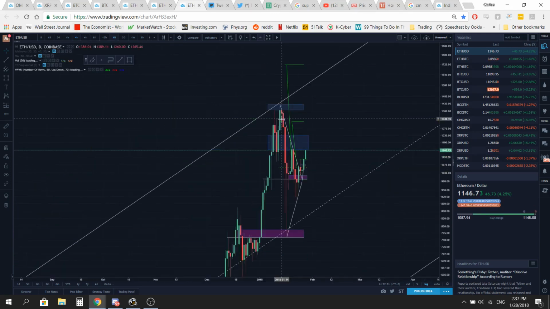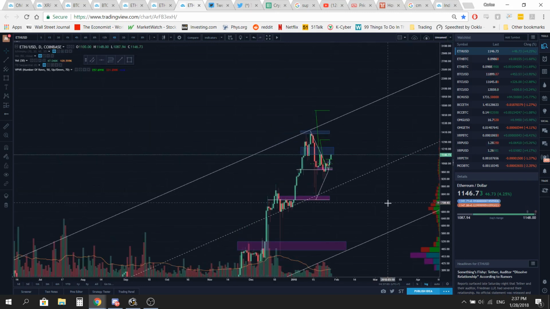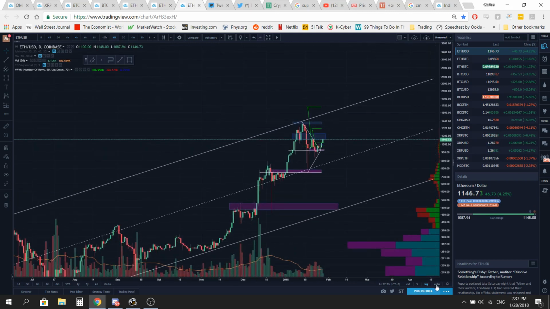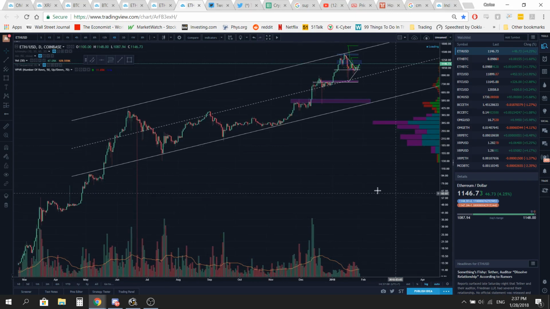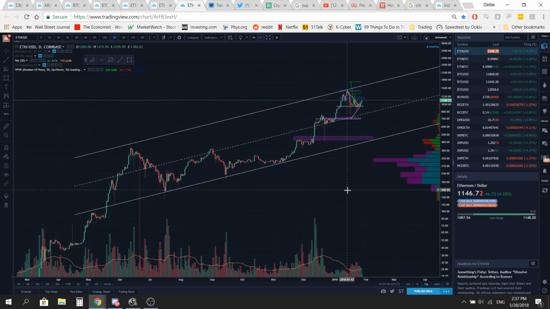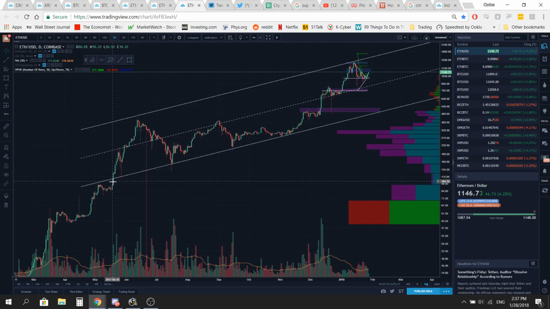Now another good channel that I'm looking at for longer term horizons here is this channel on ETH, going back to the last run it had last May.